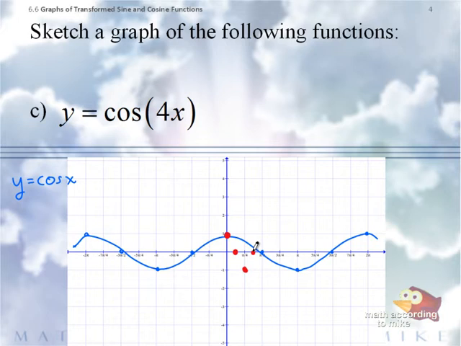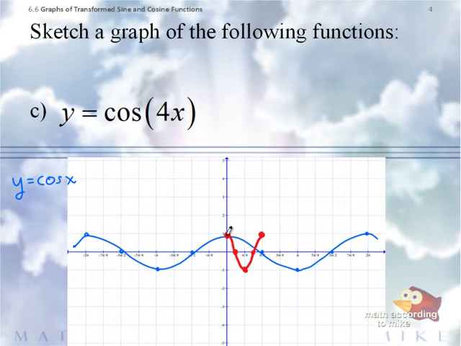Pi over 2. So that point moves right here. So 4 is greater than 1, so this graph is being horizontally compressed by a factor of 4. In English, that means the graph occurs 4 times as fast. So what took us 2 pi units to complete prior now only takes pi over 2 units.